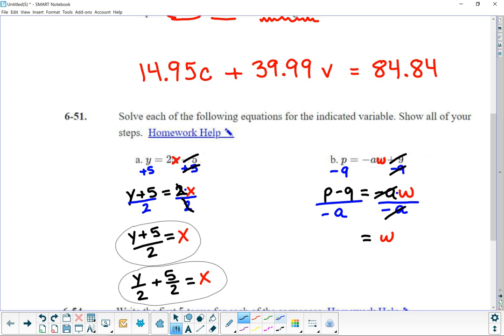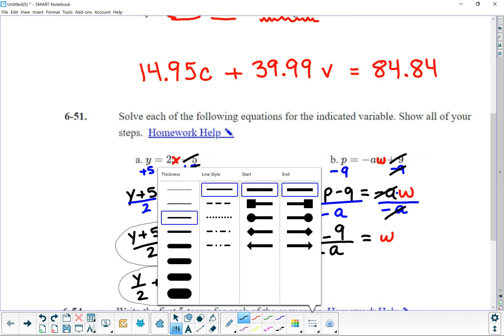equals, you could write this as P minus 9 over negative A. Oops, sorry, that looks like a 9 over negative A. Okay, and that is perfectly fine.